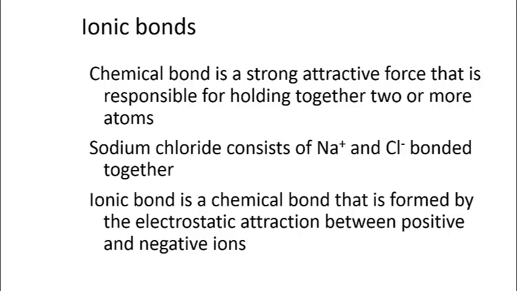An ionic bond is a chemical bond that is formed by the electrostatic attraction between a positive cation and a negative anion. The positive ion is, of course, the sodium cation. The negative anion is the chloride ion.